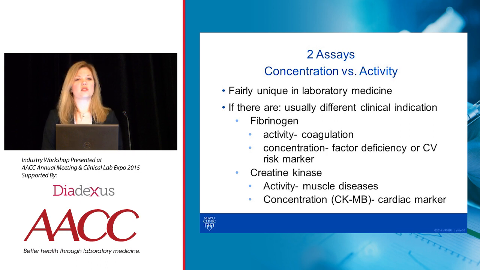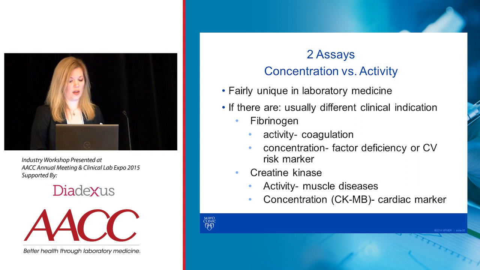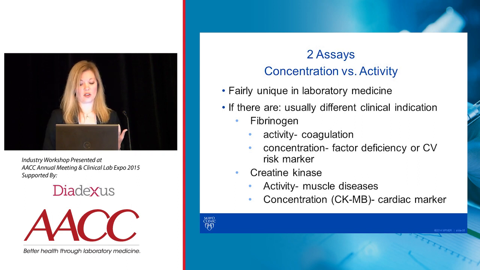There are examples of proteins that we measure in the laboratory by two different methods, but it's usually for two different clinical indications. For example, fibrinogen: standard coagulation assay, but we can also measure the enzyme concentration, or the concentration of this protein, for other indications such as the cardiovascular risk marker.